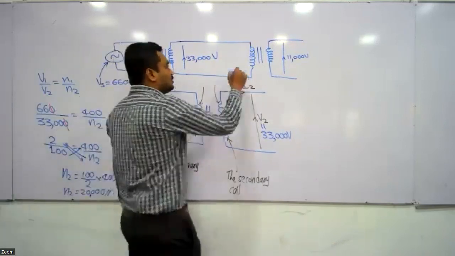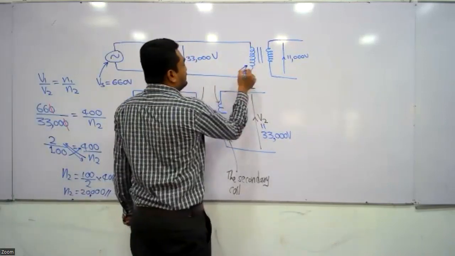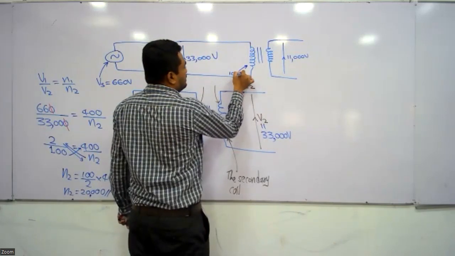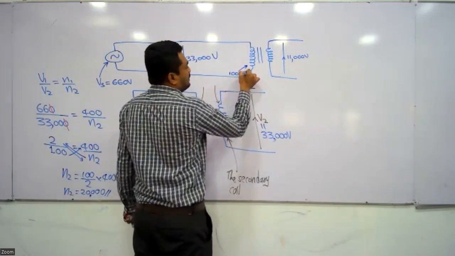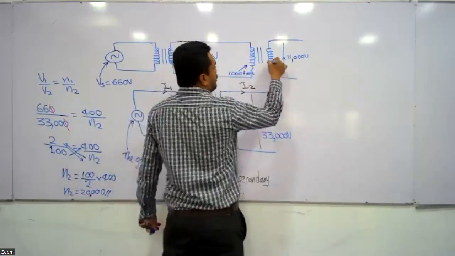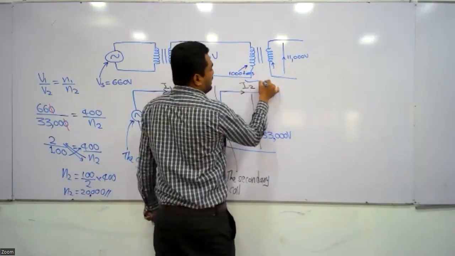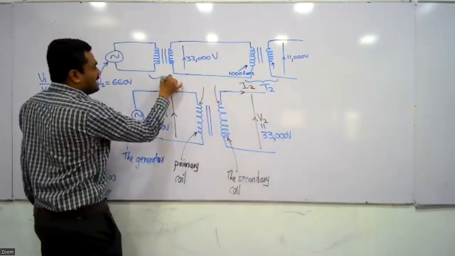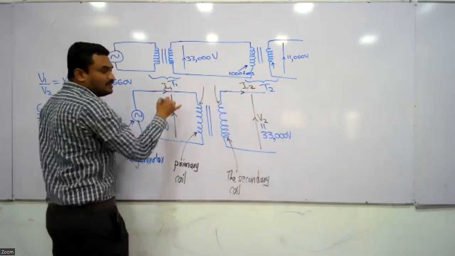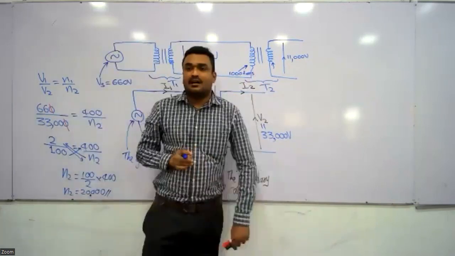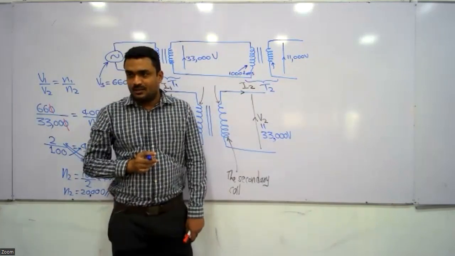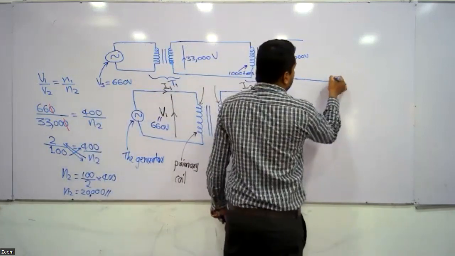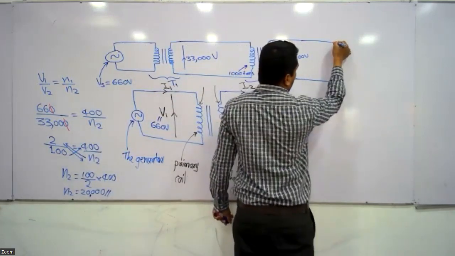Step down. So let me take the number of turns here as 1,000 turns. We don't know the number of turns in this transformer. Let me take this transformer as T2 and this as T1. But can we use 11,000 volts at our home? In our houses we can't use it. Therefore, this voltage reaches a village or a town.